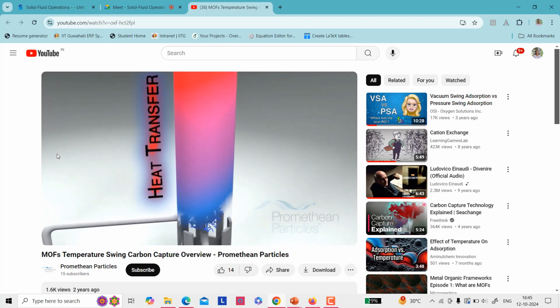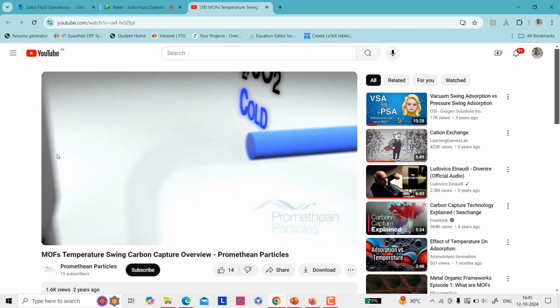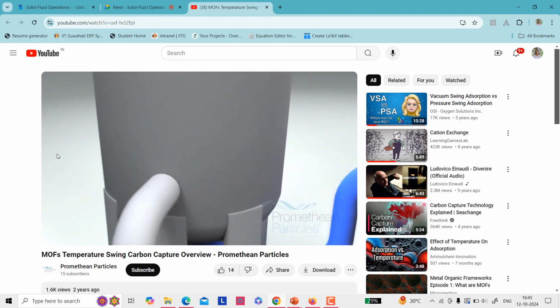CO2 adsorption is happening here inside the chamber.